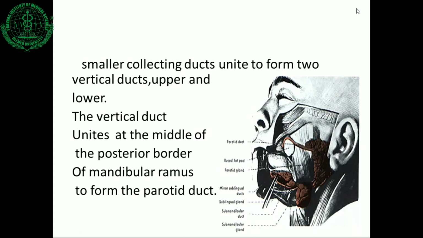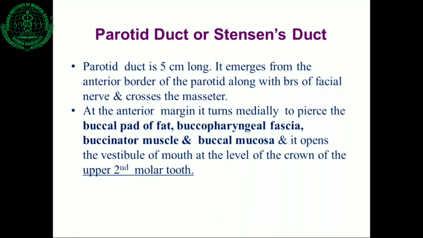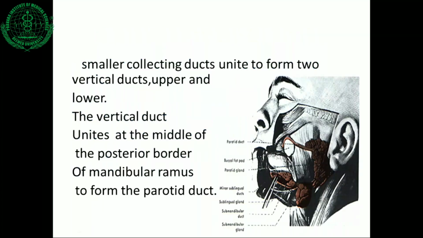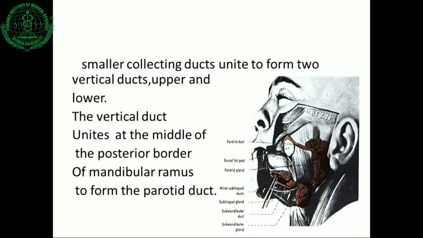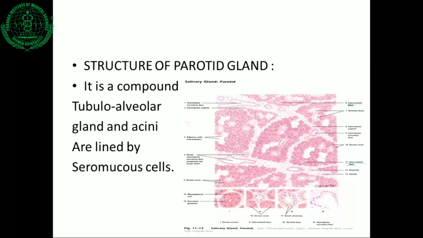The secretions from the serous acini are drained finally into the parotid duct of the gland. Then after the structure of the parotid gland, now regarding the parotid duct or the Stenson's duct in the body.